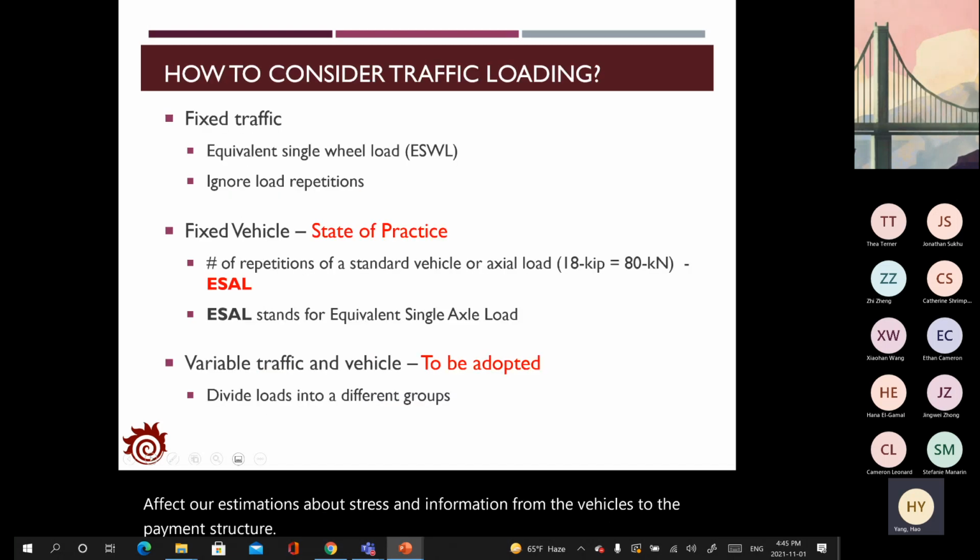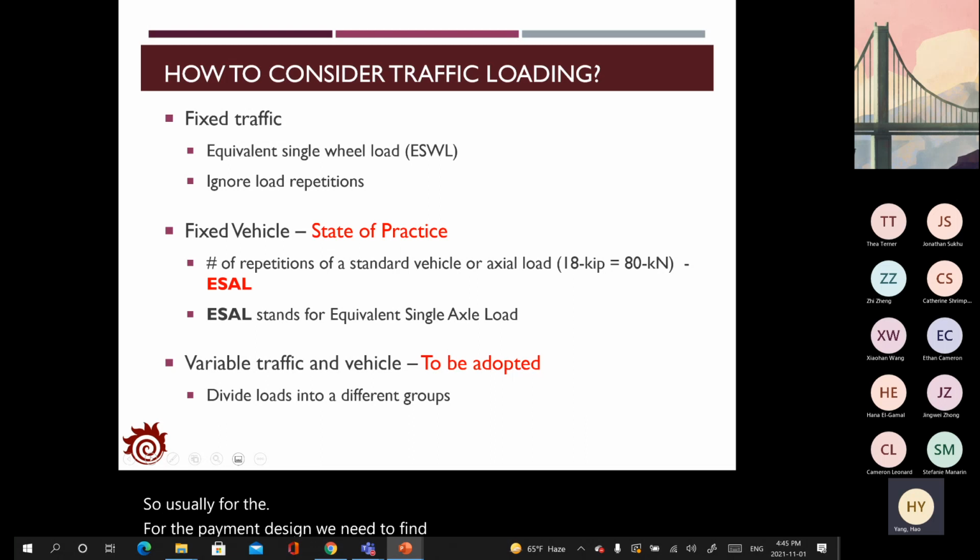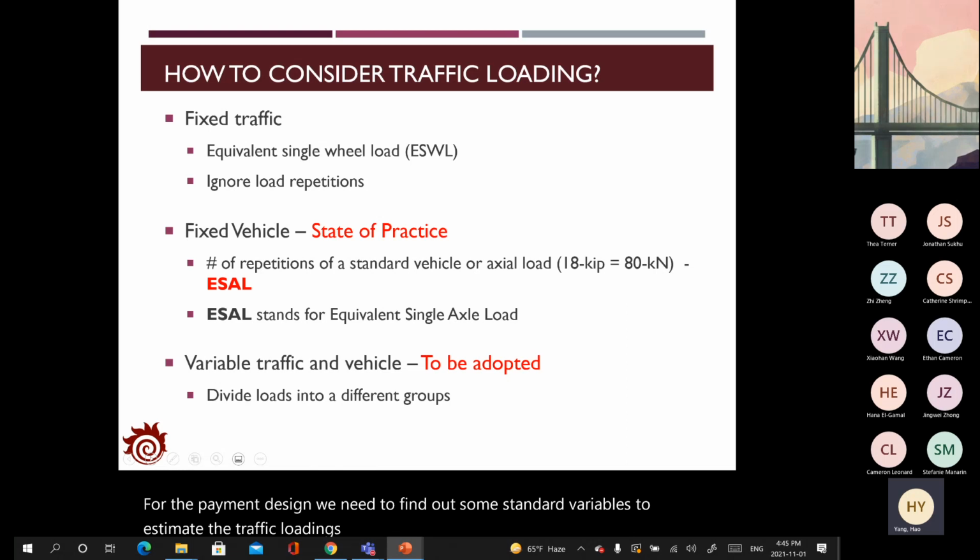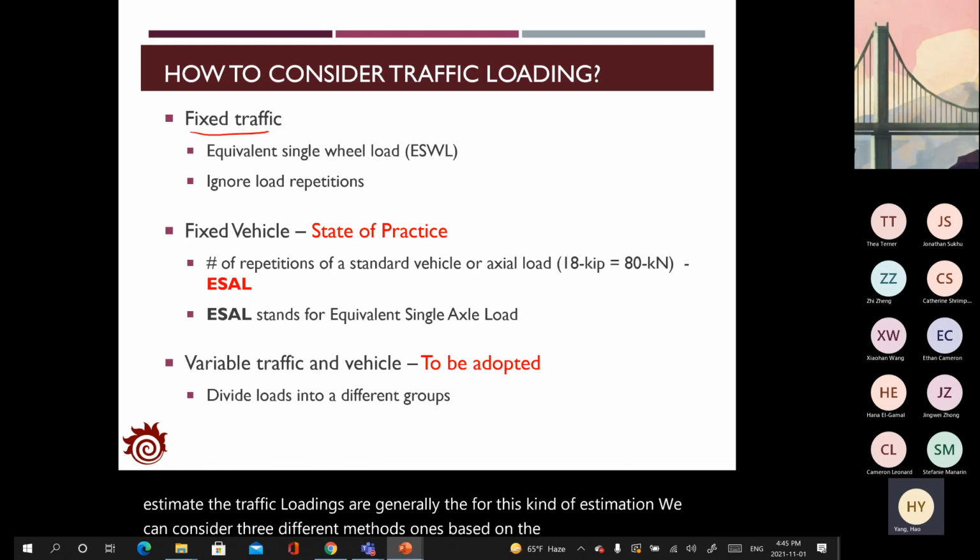So usually for the pavement design, we need to find some standard variables to estimate the traffic loadings. Generally, for this kind of estimation, we can consider three different methods. One is based on the fixed traffic, where the traffic condition on that road is pretty consistent.